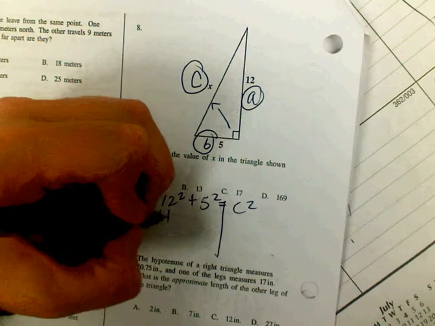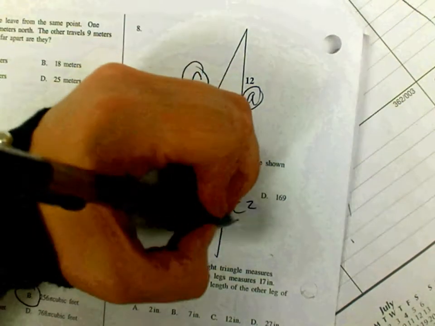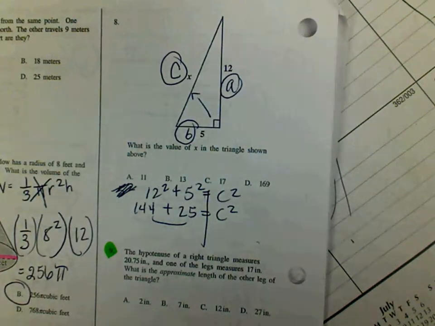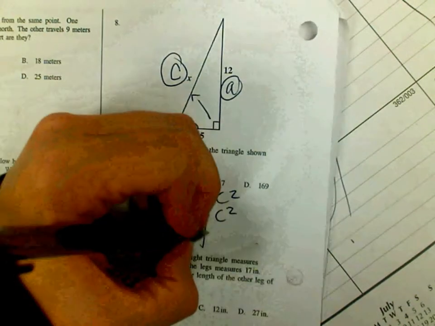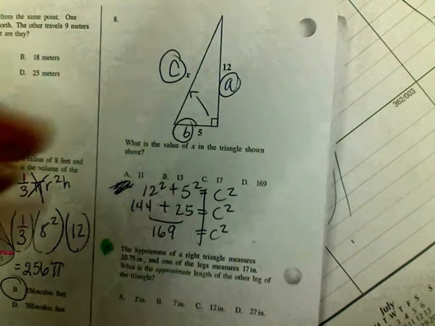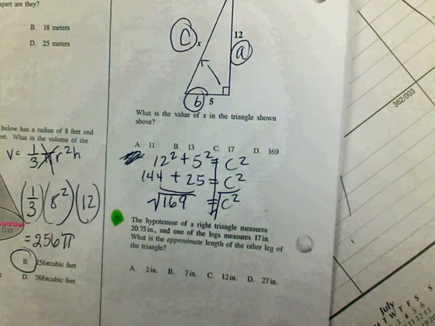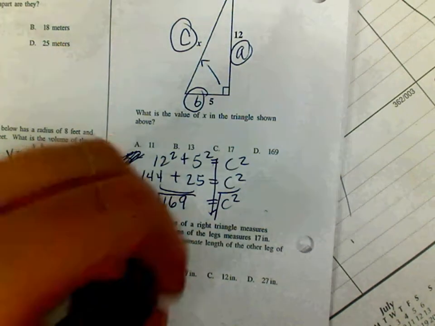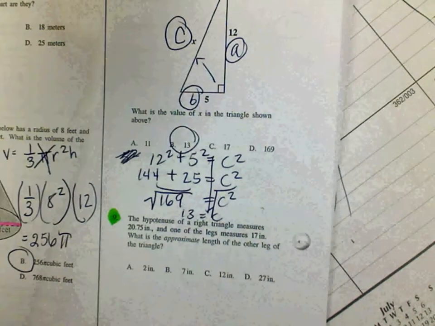So 144 plus 25, 5 times 5. Add those together. It's 169. And then take the square root at the end. The square root of 169 is 13. So C equals 13. B.